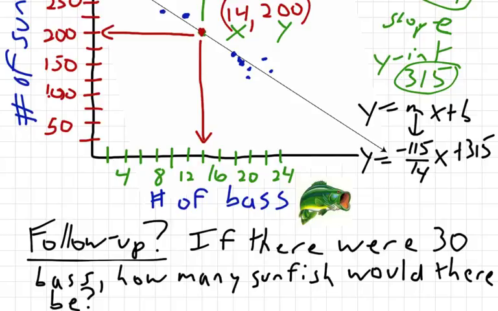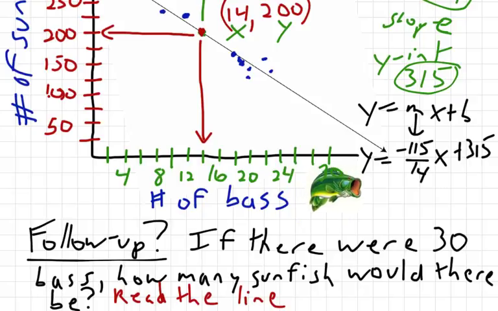And now I want you to read the graph. So read your line. Read the line. And look where you would have 30 bass. So we have 26, 28. That's going to represent 30 right there. So when there's 30 bass, go up to your line and read where that 30 would be.